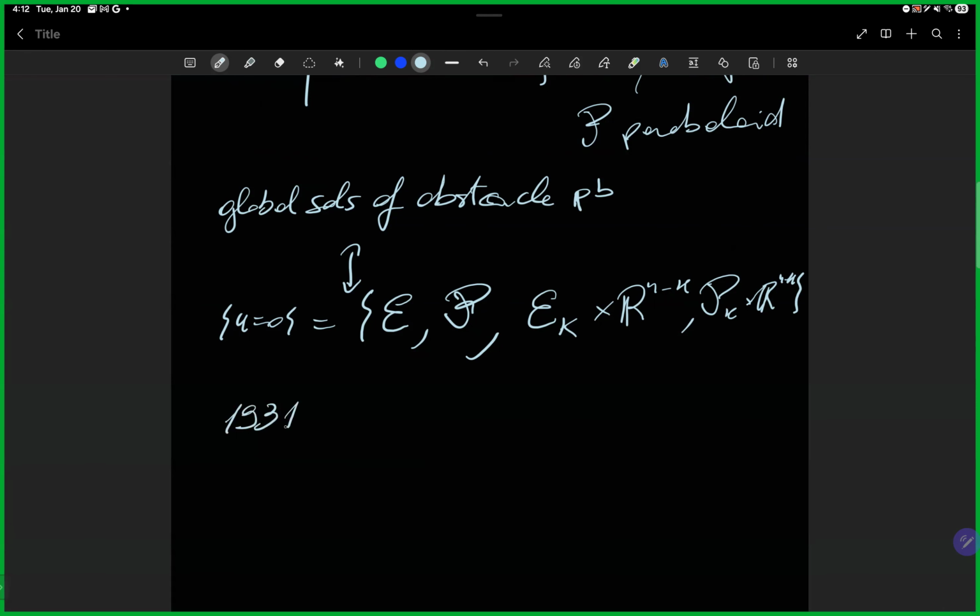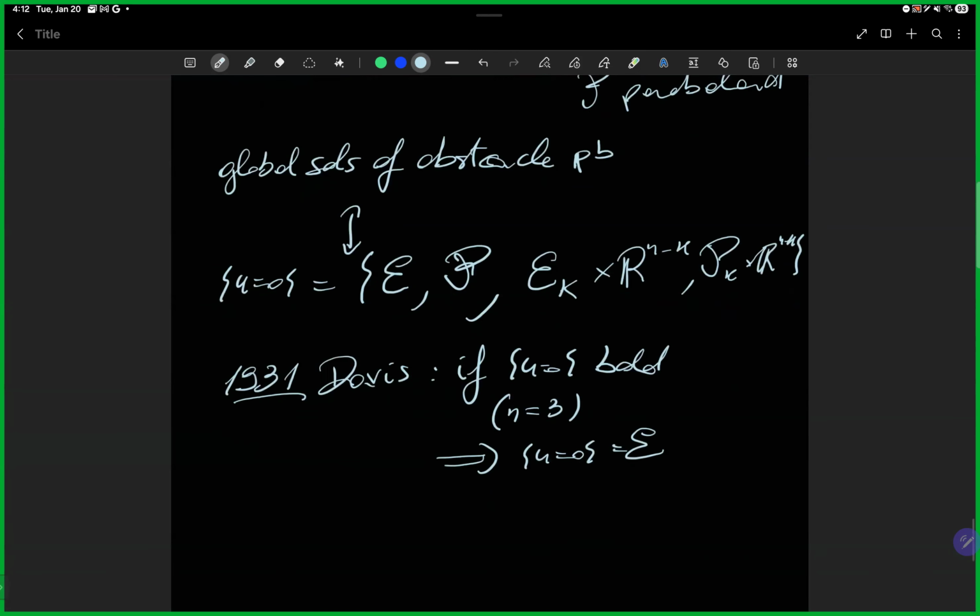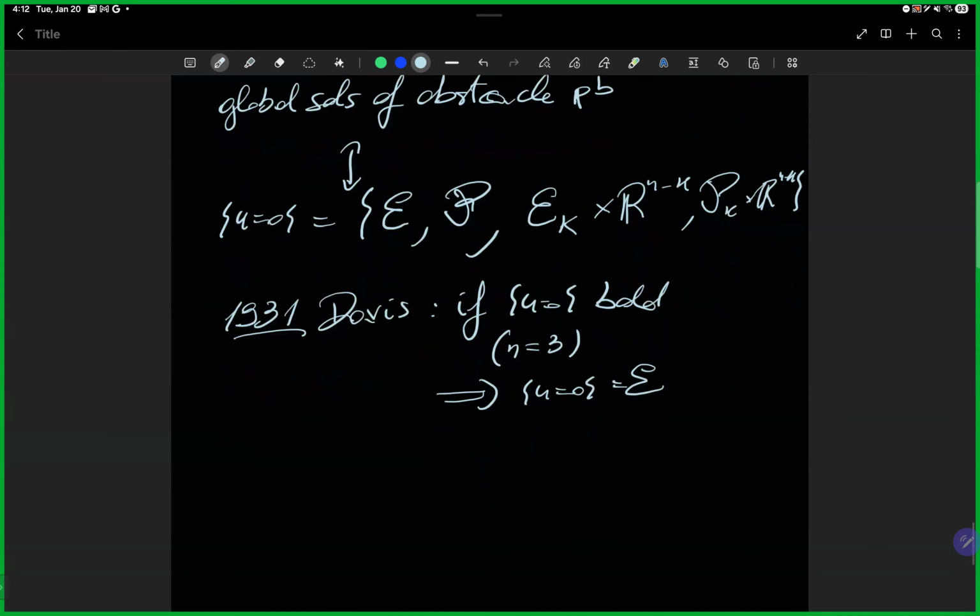In 1931, Davis proved that if {u = 0} is bounded and in dimension 3, then {u = 0} should be an ellipsoid. So in 3 dimensions, if you look at bounded sets {u = 0}, you cannot find anything else but ellipsoids.